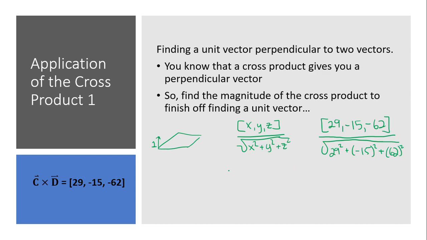Okay, so you're going to end up with 29, negative 15, negative 62, and by my calculations, over something really nice, the root of 4,910. You can leave it like this, you can incorporate it, you can get crazy with the radicals. I think for test purposes, they tend to look like this. So you have found a unit vector perpendicular to two vectors when you do that.